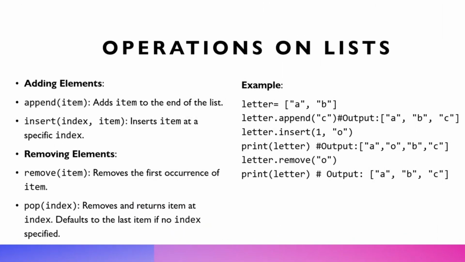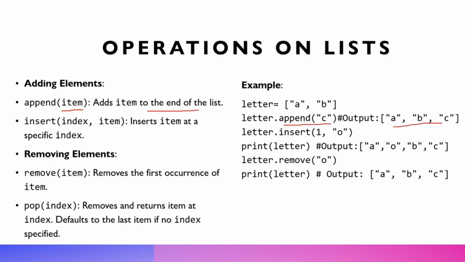This is the syntax for the append, where you need to place the item which you are going to add into the list in between these brackets, and it will be added to the end of the list only. As you can see in the example, we are appending C into the list and the output will be ABC.